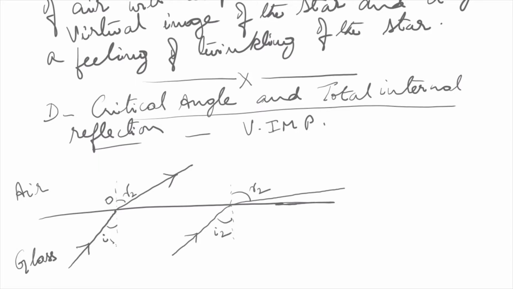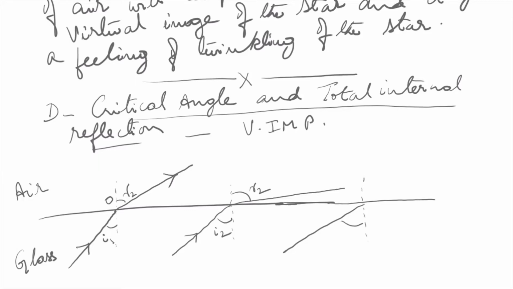Now for some angle of incidence, the refracted ray will coincide with the surface of separation. Do you agree? For the angle I1, the refracted ray was like this. When you increased to I2, the refracted ray got further bent towards the surface of separation, right? Now suppose you further increase the angle of incidence.